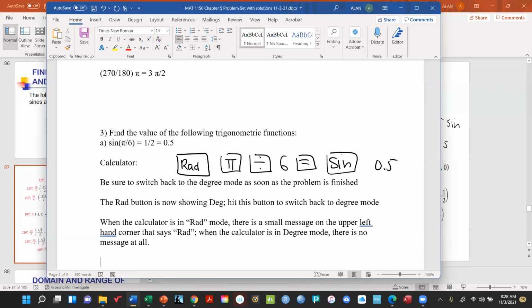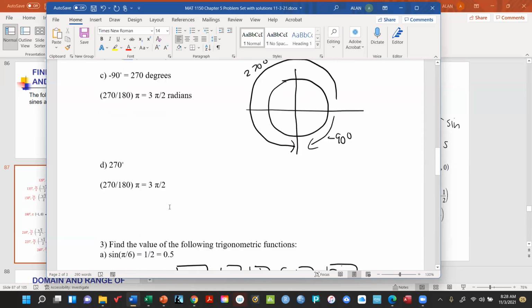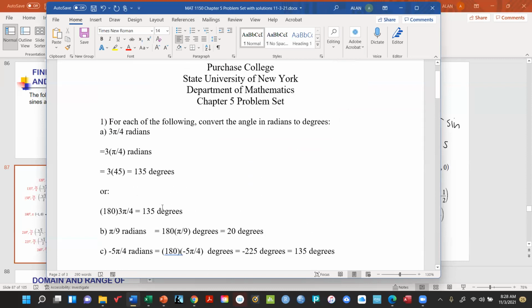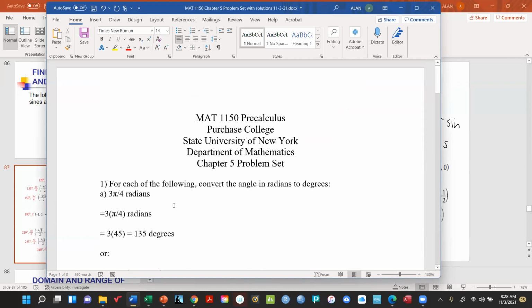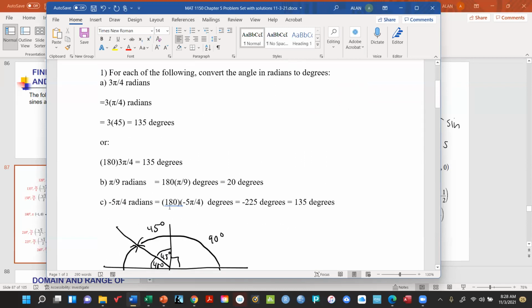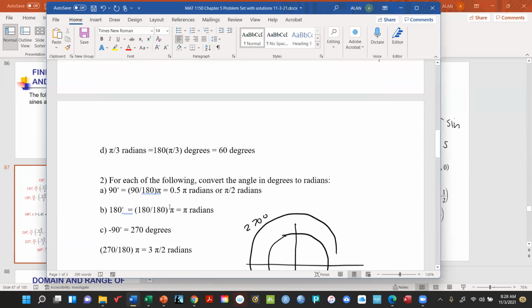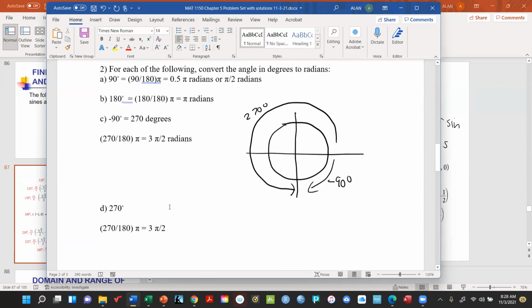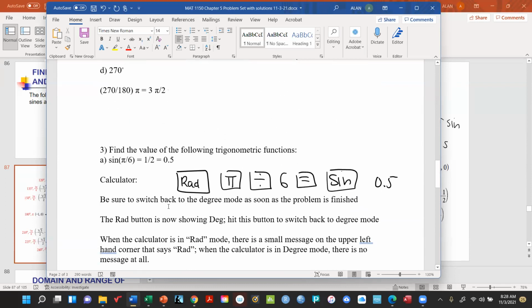Okay, so this will help us solve for all of these without the unit circle. But these are conversions. These you do need to look at the unit circle for. The first two that we did, converting between degrees and radians, the calculator can't really help you with that. But the unit circle can.